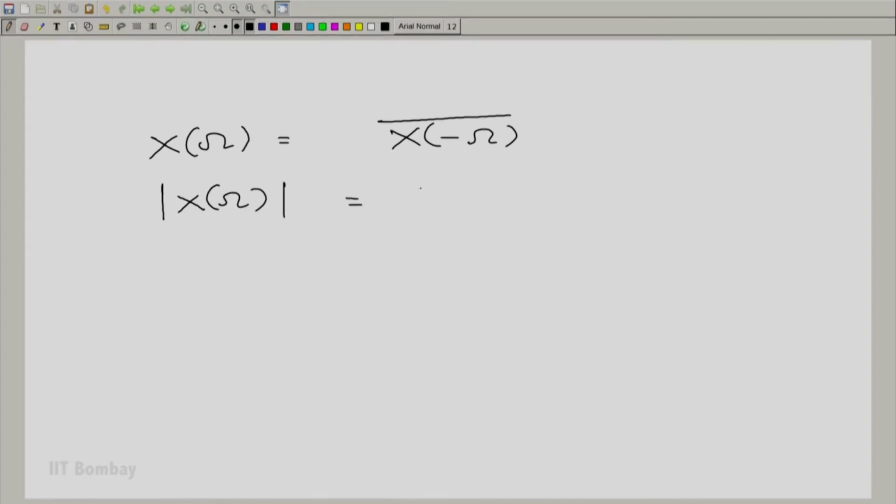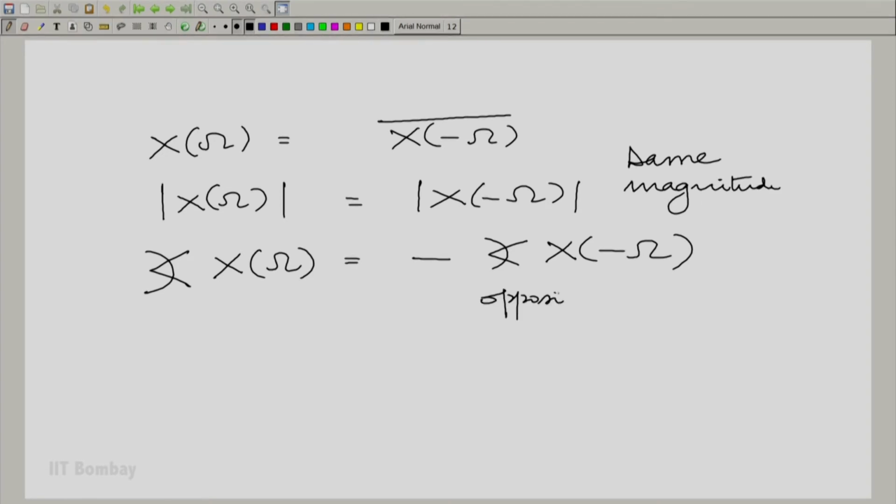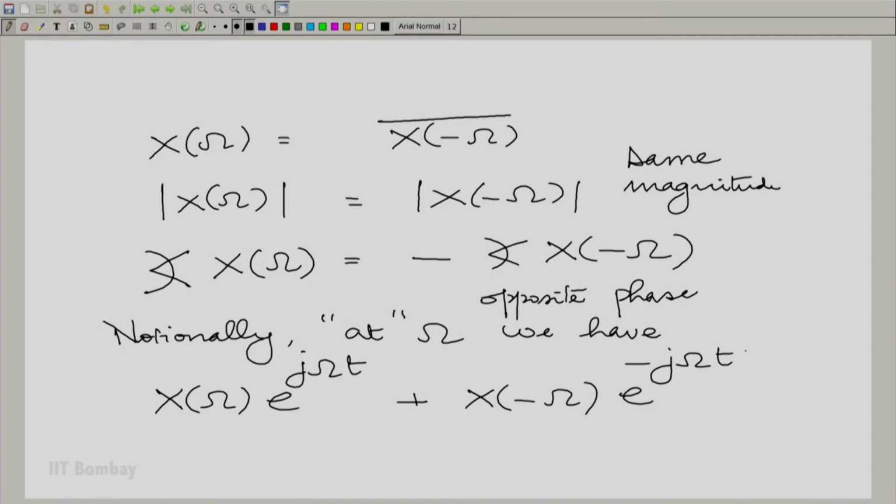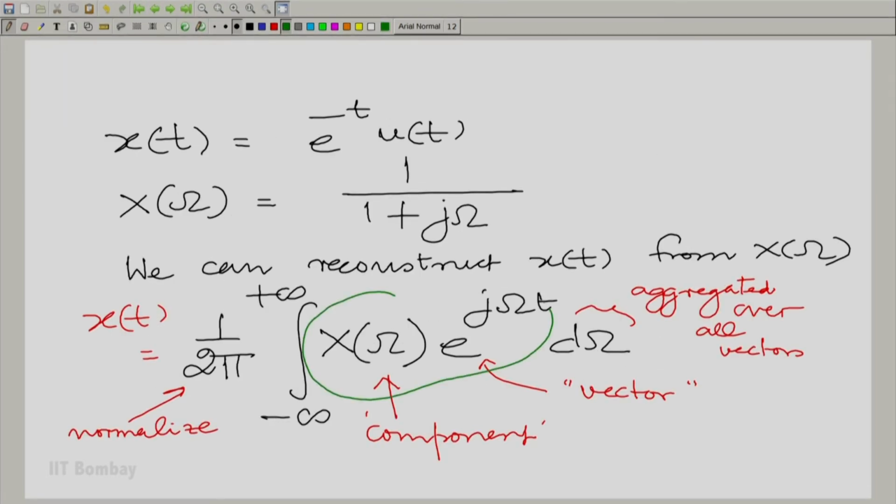So, they have the same magnitude and opposite phase. So, notionally we have a combination like this, X(omega) multiplied by e raised to the power j omega t, plus take the corresponding negative value. You get it, right? What I am doing really is just picking, go back to the previous expression that we wrote, I am just picking here.